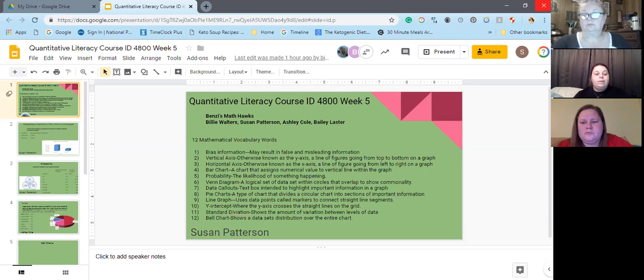Pie charts are the best to be used when we're trying to compare parts of a whole. However, they don't show changes over time. So bar graphs are used to compare things between different groups and to track changes over time. Okay.